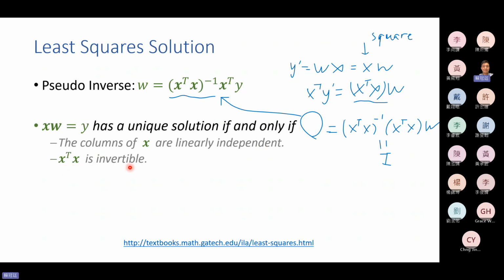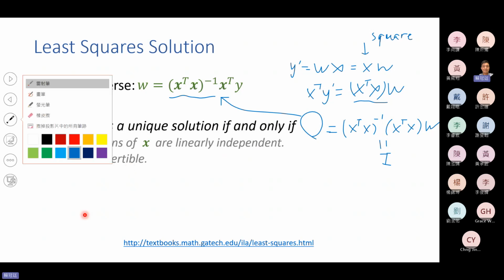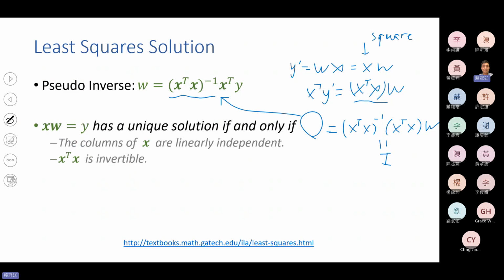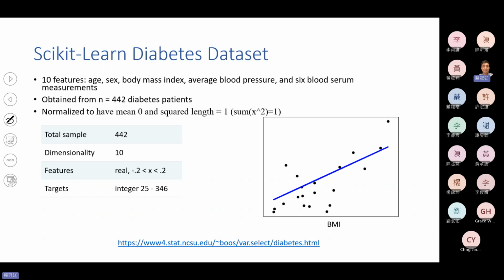If it's invertible, then we can multiply both sides with the inverse, and then remove this part, remove this part, and then you can get this one, right? In least squares. So that's for statistics.